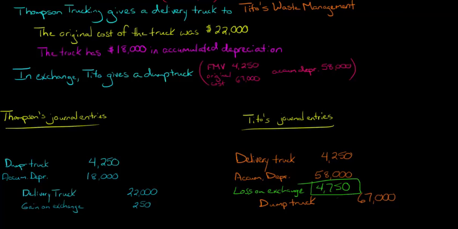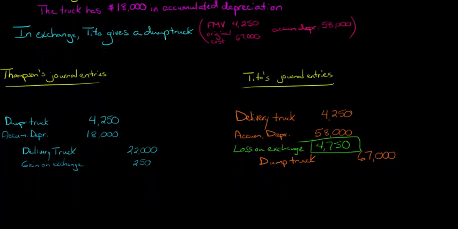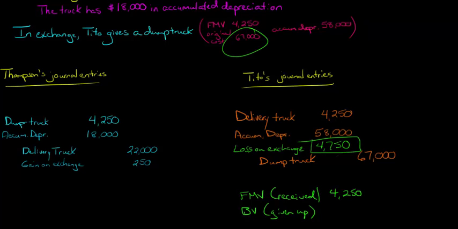But if you think about this, from Tito's perspective, why we have this loss, basically Tito is getting something with a fair market value of $4,250, right? That's the fair market value of the truck that Tito is getting. The book value of what Tito is giving up, right? So what is being given up, that's going to be that $67,000 minus the $58,000, right?